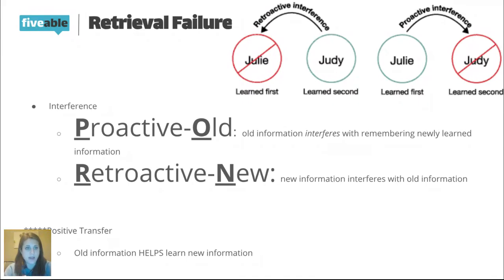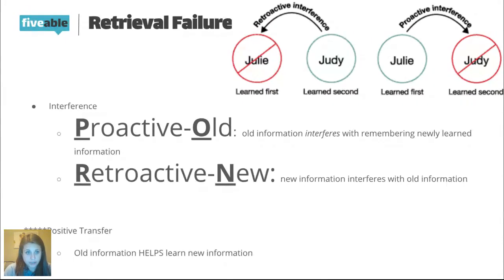So you go to type in that number, but your ex's number keeps popping into your head. That's an example of proactive interference because that old info, your ex's phone number, is interfering with the new info that you're trying to remember. That's usually my go-to example. It's like when an ex's phone number is what you start to dial instead of your new significant other's phone number. It could also go the other way, though.